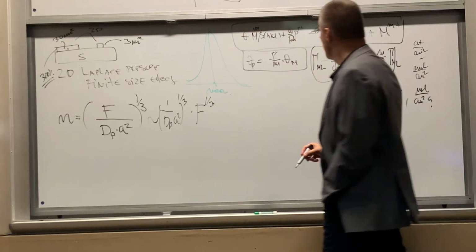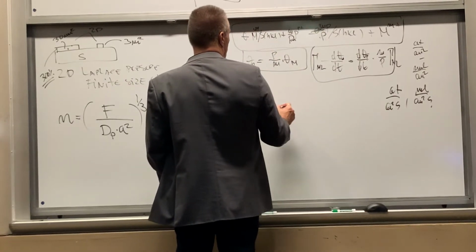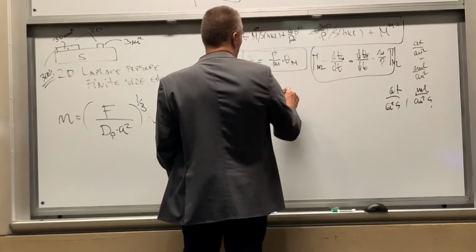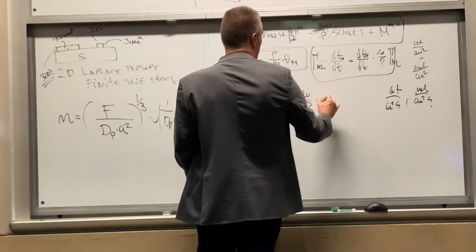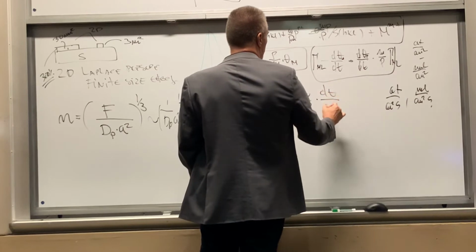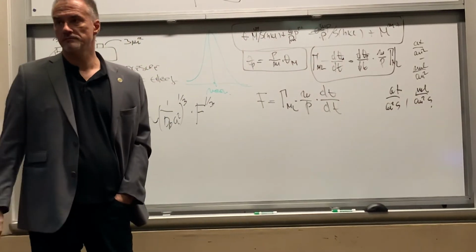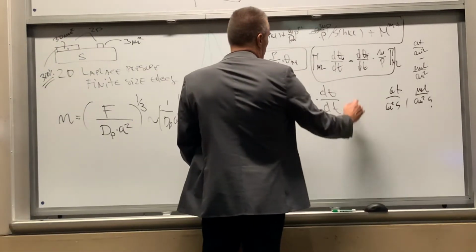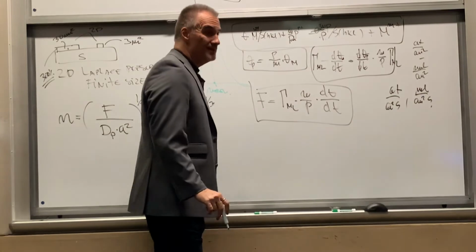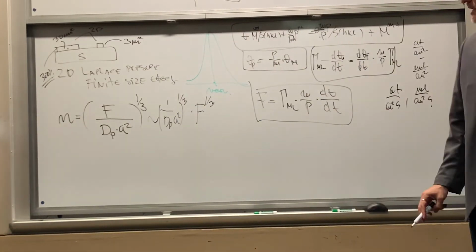So we can say now that our flux is equal to G monolayer, M over p, times d theta over dt, okay? Now, d theta over dt, what is that?